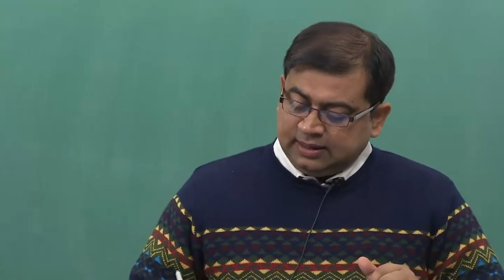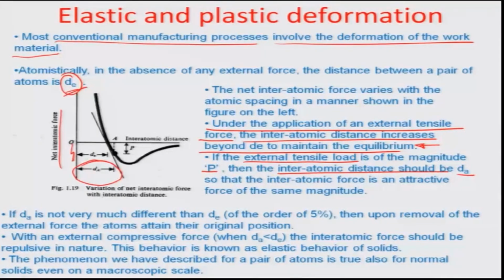So then the interatomic distance should be dA, so that the interatomic force becomes an attractive force of the same magnitude, so that it can take the configuration back to the equilibrium distance d once the force P is removed, so the tensile load is removed.